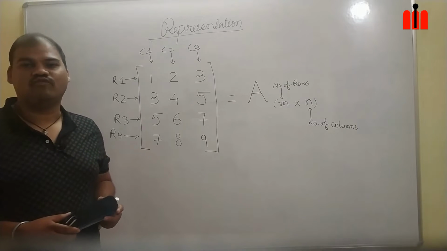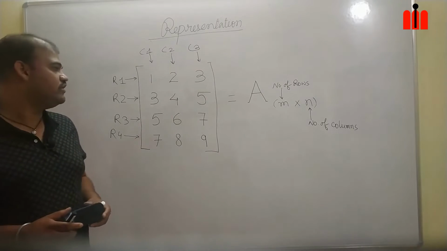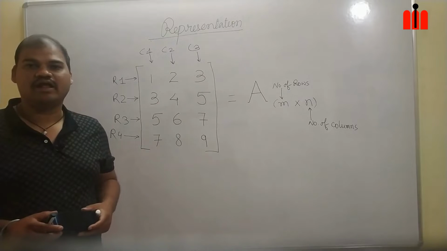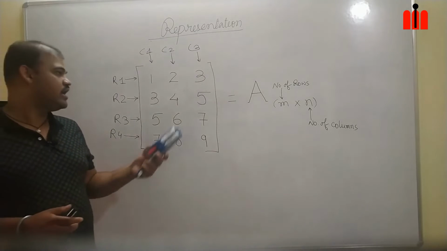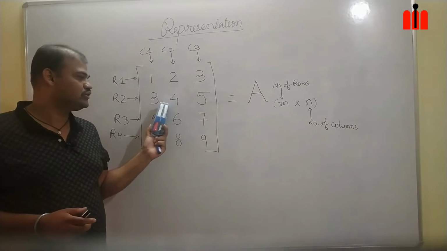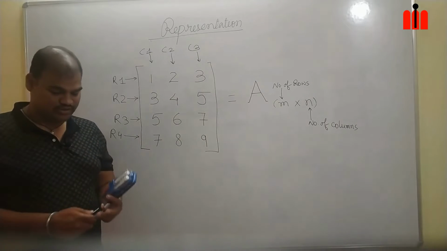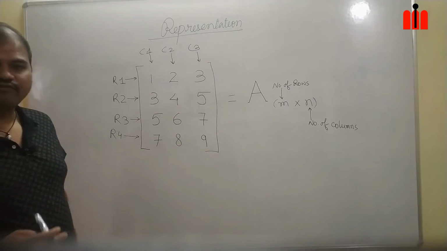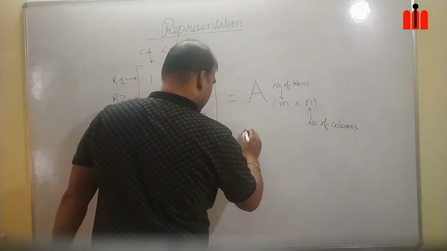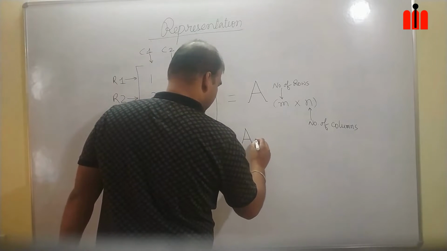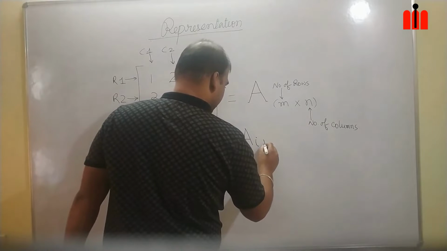So what we do, we will provide a representation to each element that we will show by A, I, J.